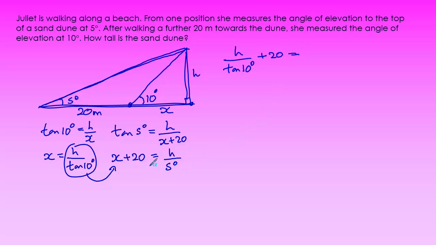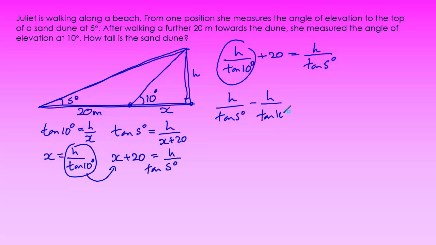I've just written 5 degrees here, and of course I meant tan of 5 degrees. So bringing this over to the other side gives us h over tan of 5 degrees, take away h over tan 10 degrees, is equal to 20.